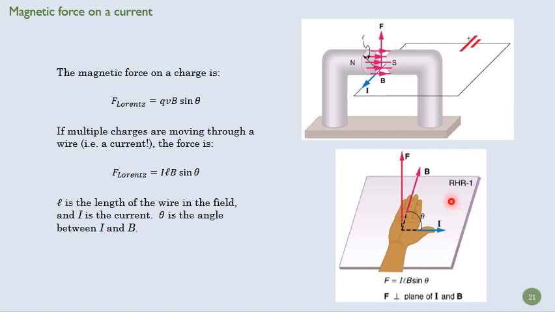This is going to work the same, our right-hand rule. We're still going to use our thumb for velocity, but in this case, the velocity is the direction of the current. So our thumb goes in that way, our fingers go in the magnetic field, and our force on a current here is actually in the direction of our palm. So we don't have to worry about negative or positive here.